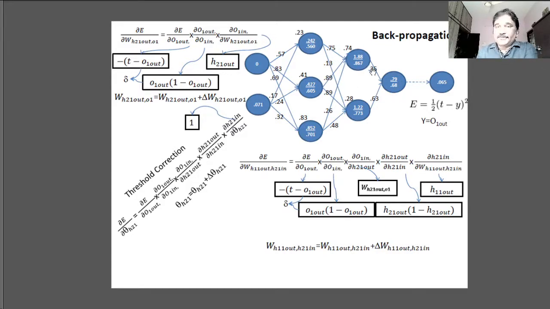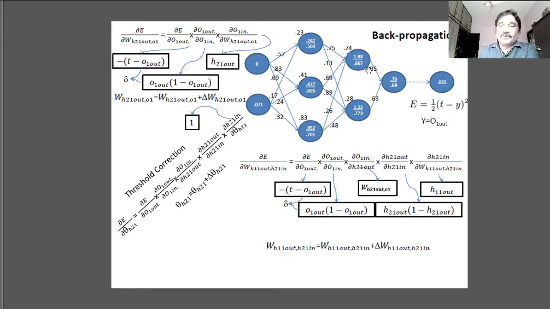So we have to differentiate the error with respect to this particular weight. So you have understood which weight is being talked about. The subscript here is specifying the weight to you. It is the connection between H21 out and O1 in.